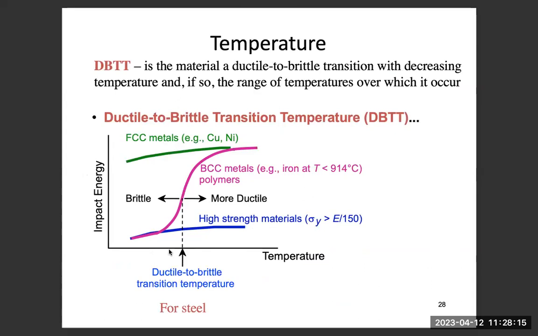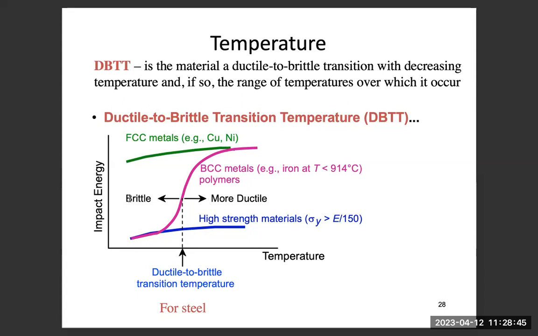So you conduct your impact test at different temperatures and record the impact energy. For BCC materials, you observe a drastic change.